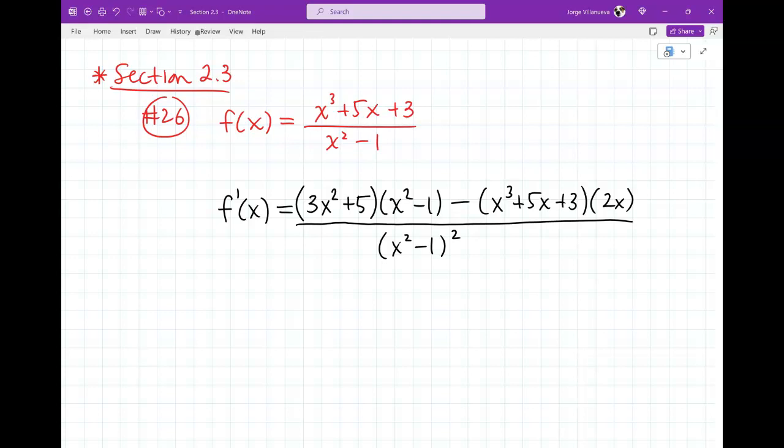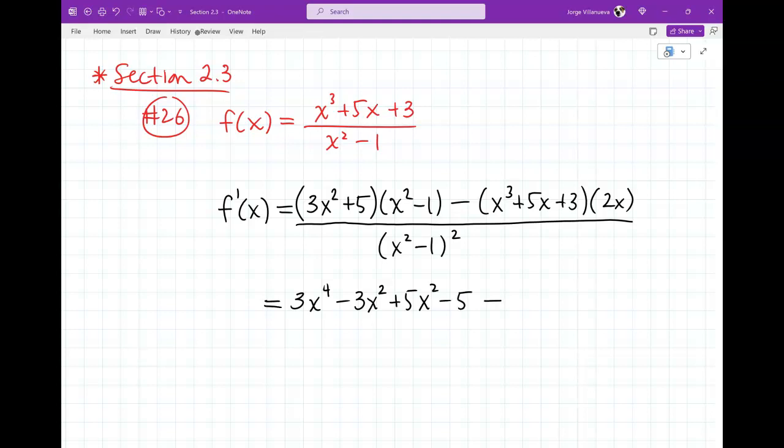Okay? I don't know how far they want you to go, but I probably would not tell you to leave your answer like this. You guys know how to distribute, so let's distribute. So what do we get? 3x squared times x squared, that's going to be 3x to the 4th minus 3x squared plus 5x squared minus 5.